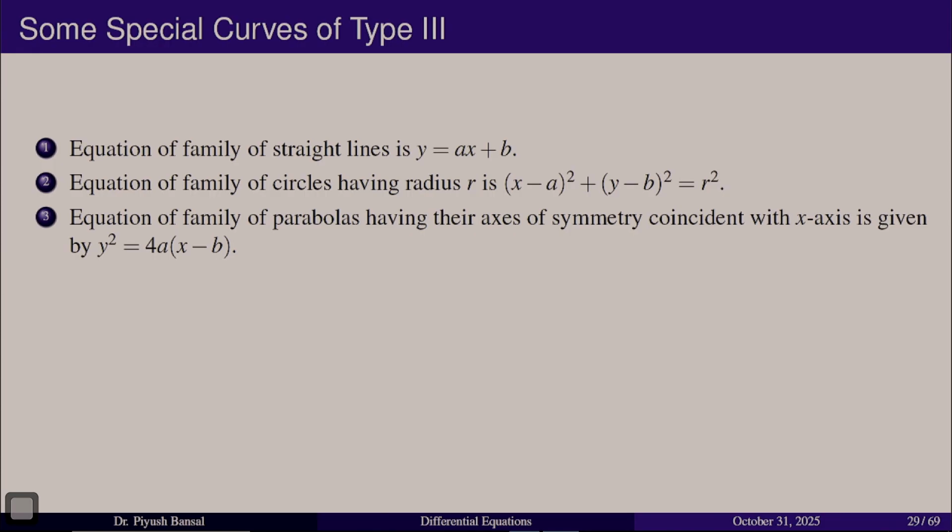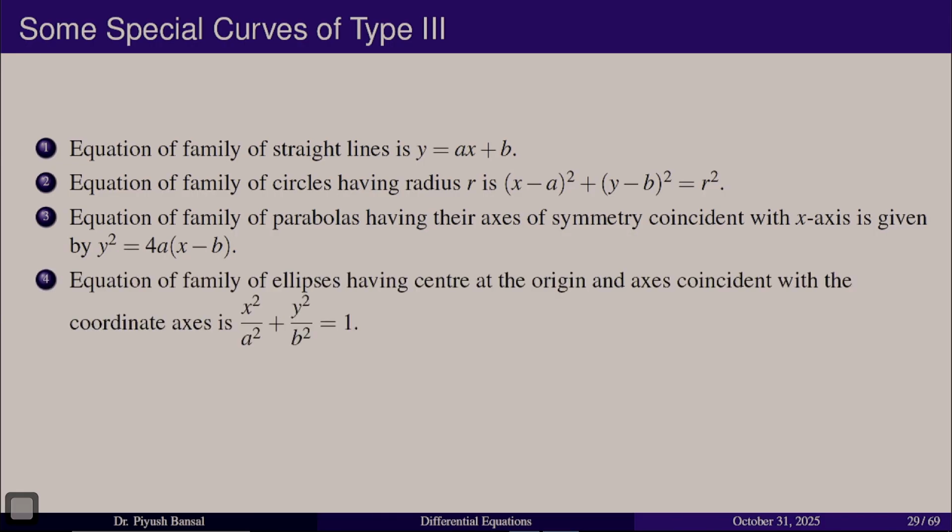Now, the equation of the family of parabolas having their axis of symmetry coincident with the x axis will be given by y square equal to 4a(x minus b). Again, it has two arbitrary constants a and b involved. Next is the family of ellipses having center at origin and axes coincident with the coordinate axes.